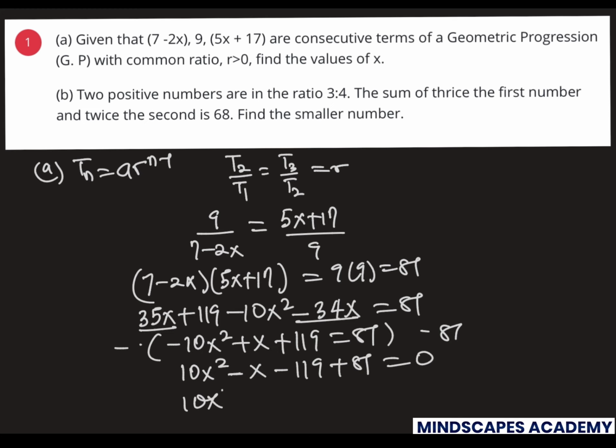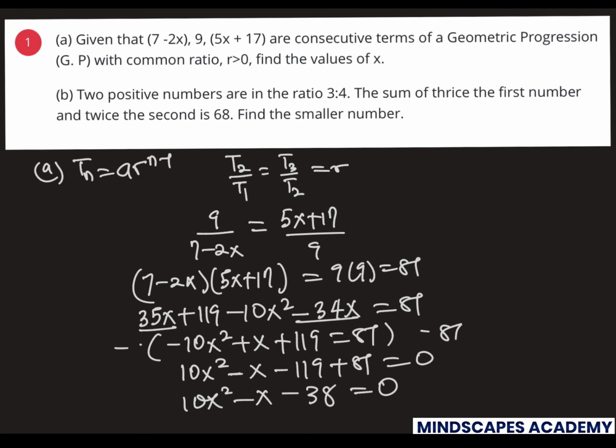Now this will be 10x squared, negative x. Now negative 119 plus 81 will give you 38, so that is negative 38, which is equal to 0.